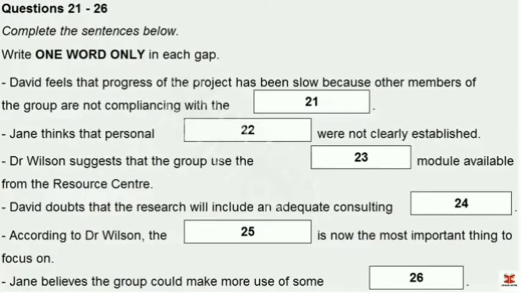You will hear a discussion between two students, David and Jane, and their tutor, Dr. Wilson, about their group research project into local history. First, you have some time to look at questions 21 to 26. Now listen to the first part of the conversation and answer questions 21 to 26.